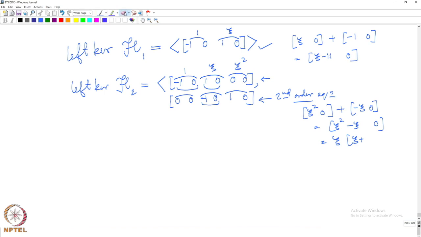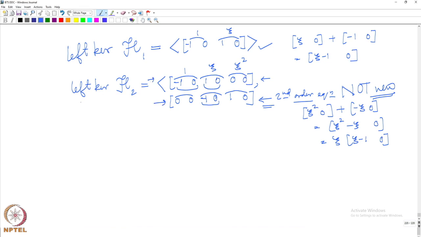Lovely. So, this second order equation is not new, it has been obtained by shifting an old first order equation, but they are linearly independent. As far as linear dependence is concerned, the two are linearly independent.